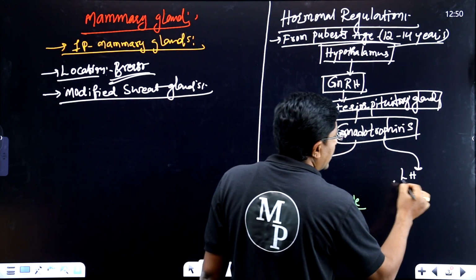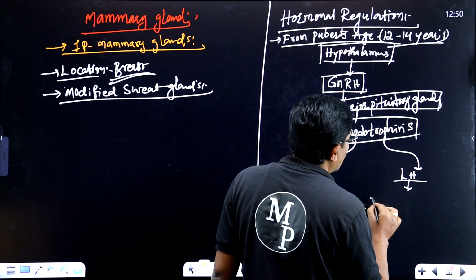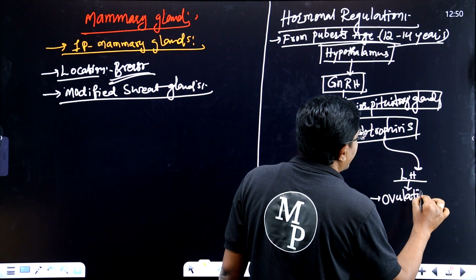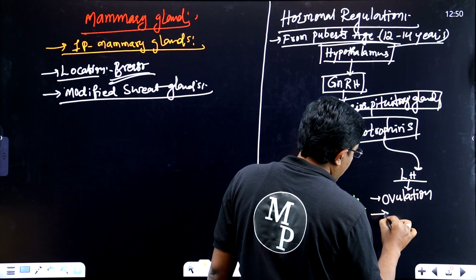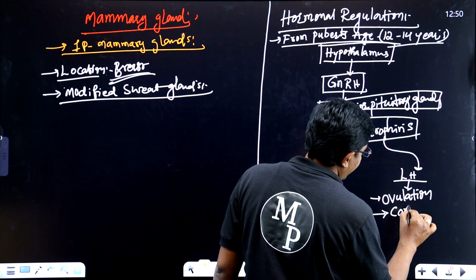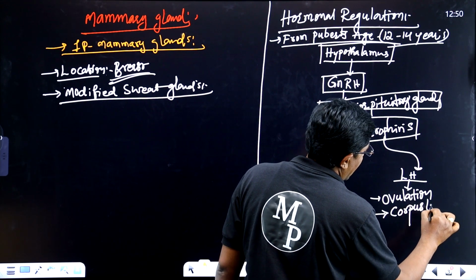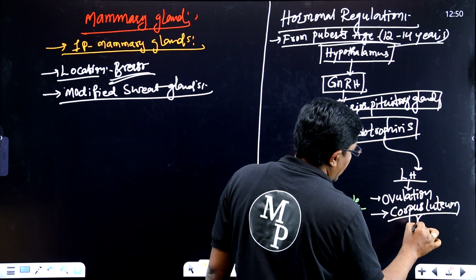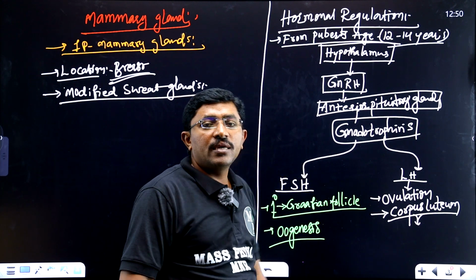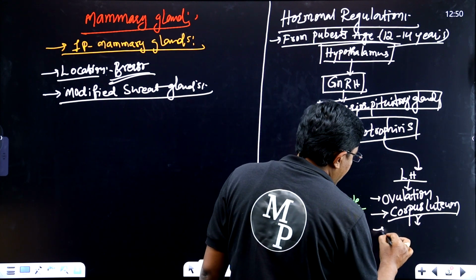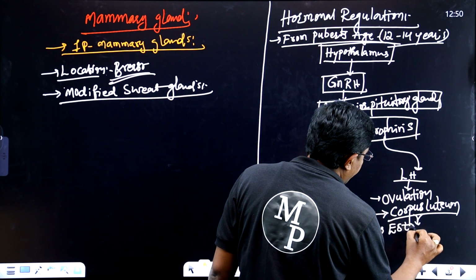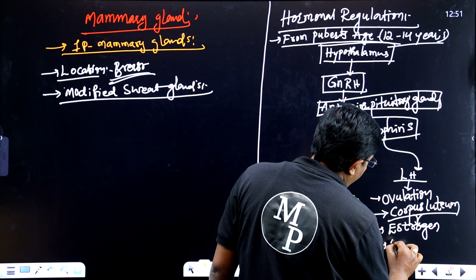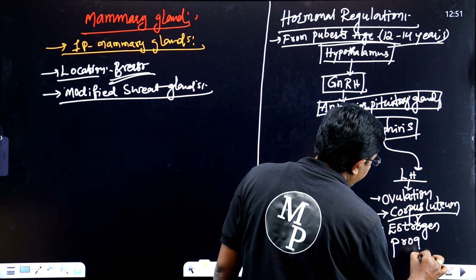So luteinizing hormone causes ovulation, which is its first function, and it also maintains the corpus luteum. From the corpus luteum, two hormones are released: one is the estrogen hormone, and the second one is the progesterone hormone.